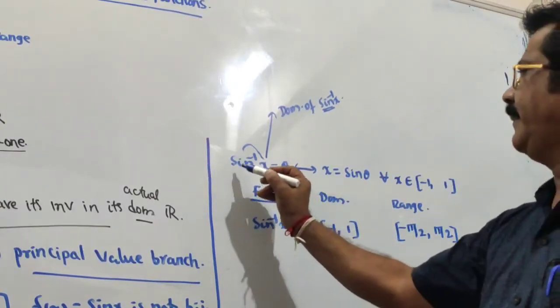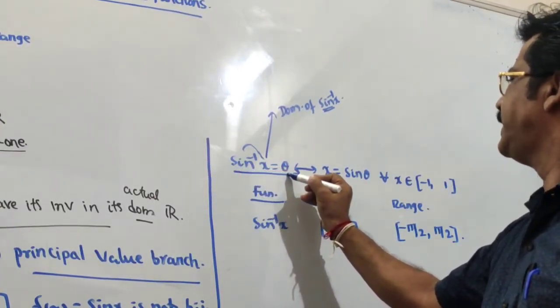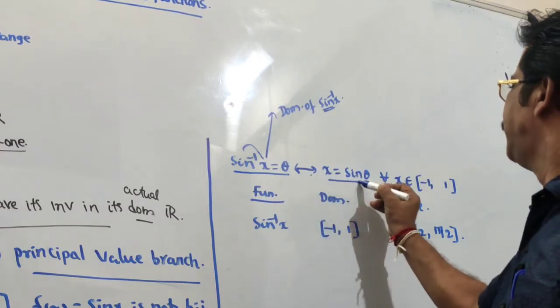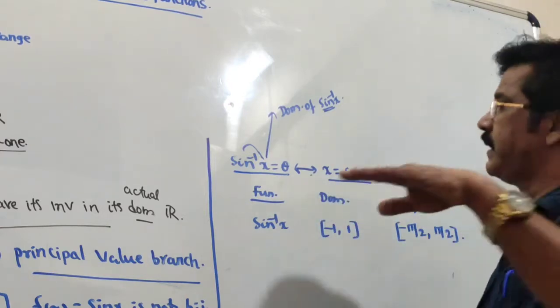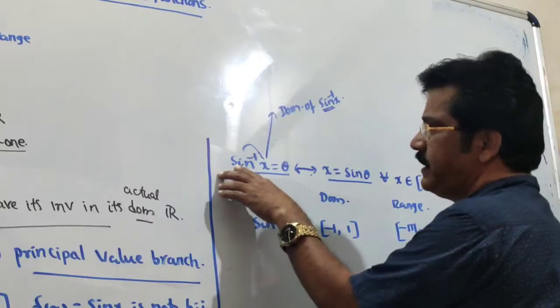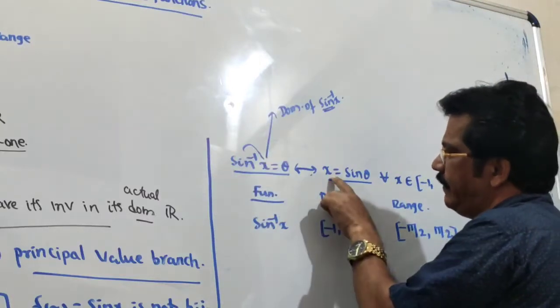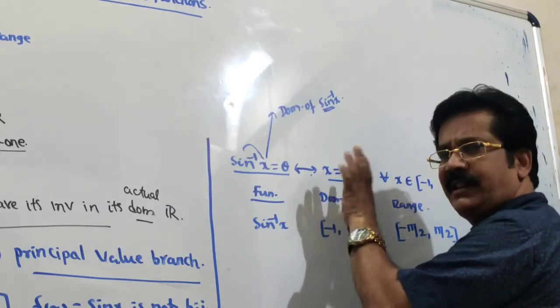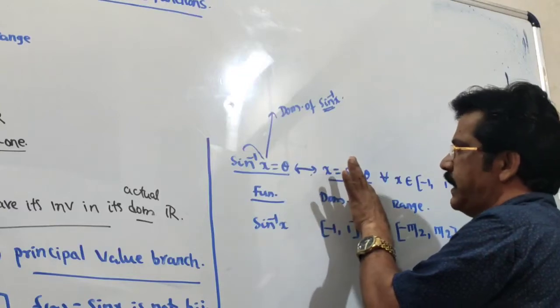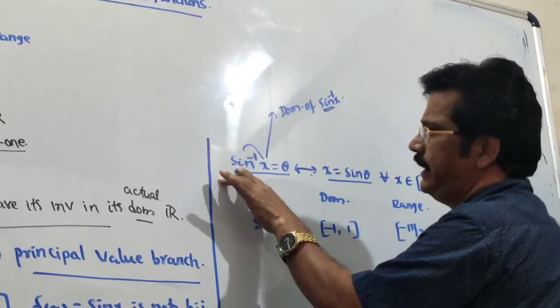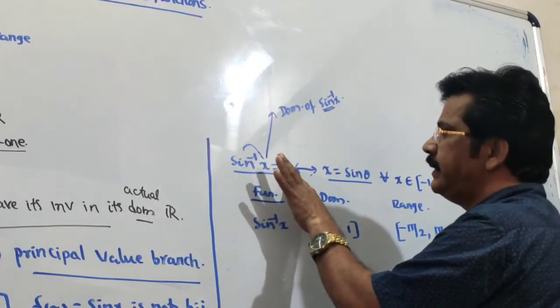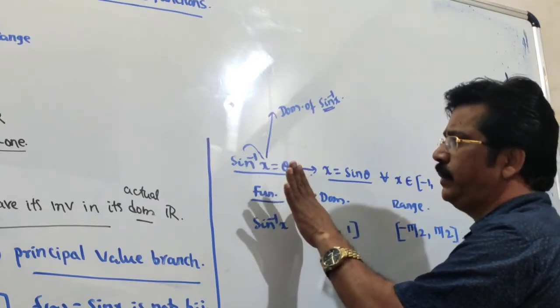And sine inverse of x equal to theta implies x equal to sine theta. Wherever we have this equation, immediately we can write it like that, or vice versa. If x equal to sine theta, then we can write sine inverse of x equal to theta.